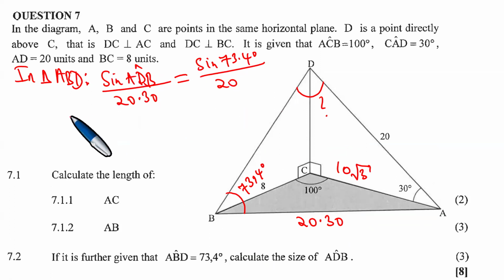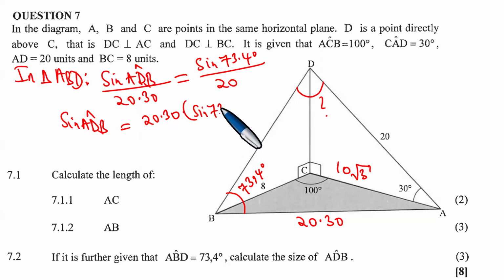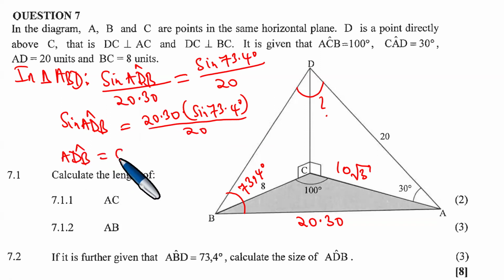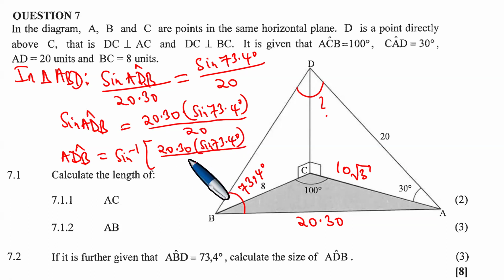We cross multiply, and the angle ADB is arc sine of 20.30 times the sine of 73.4 divided by 20.